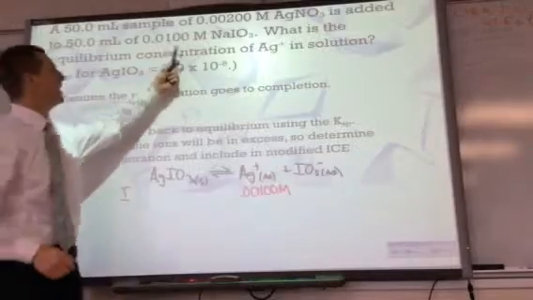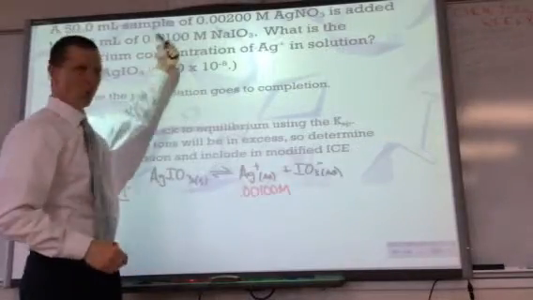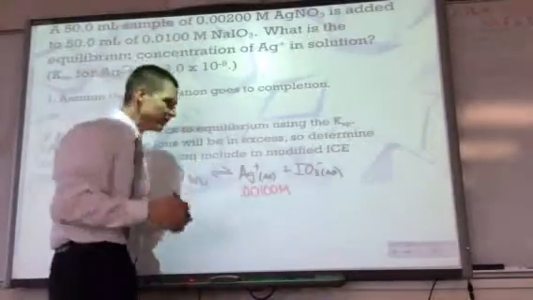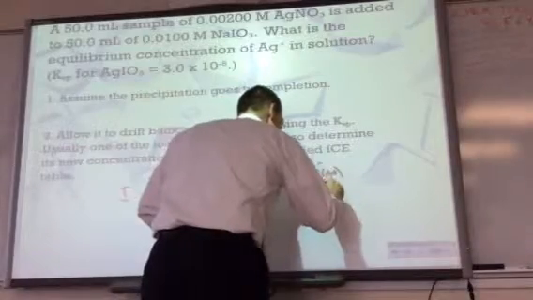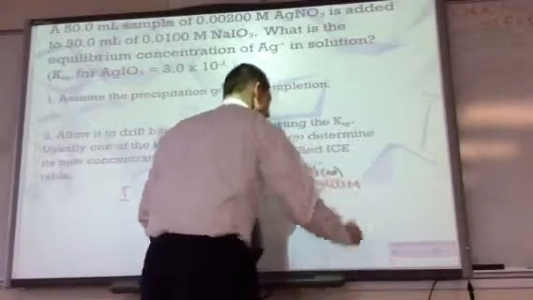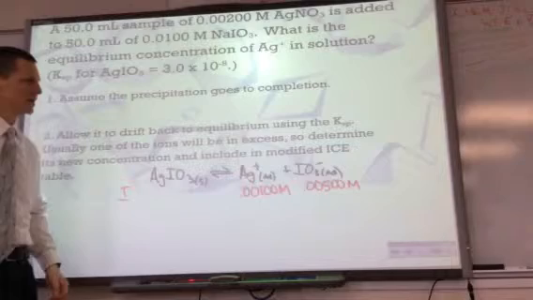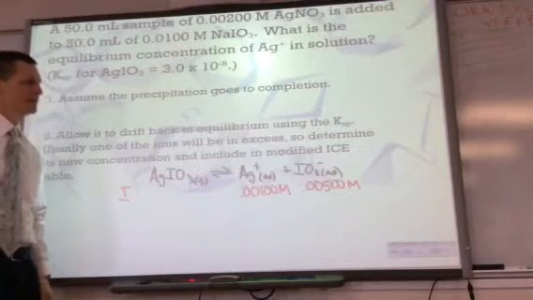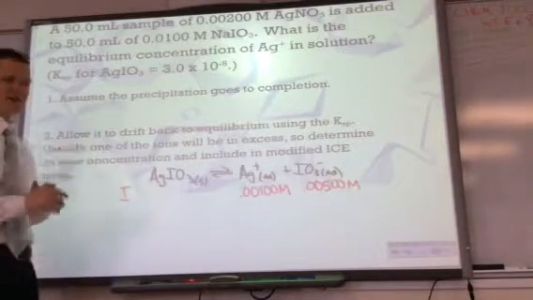Same thing with the iodate ion. It started as 0.01 and it got cut in half to 0.005. So those are the initial concentrations.